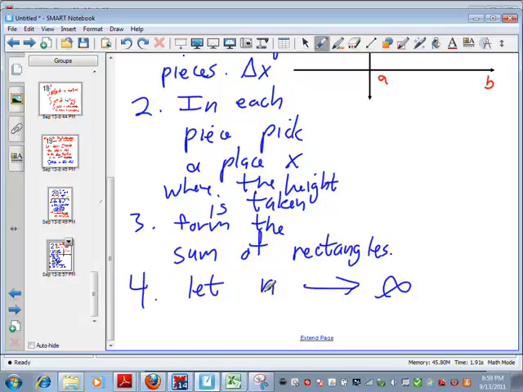And that is the integral from A to B. Now the book talks about partitions and all of this other stuff, which is perfectly fine. But that's good.